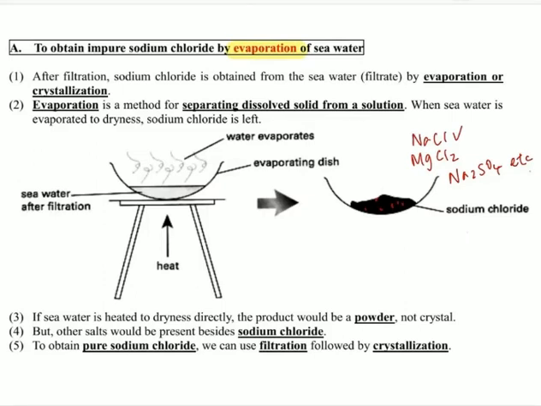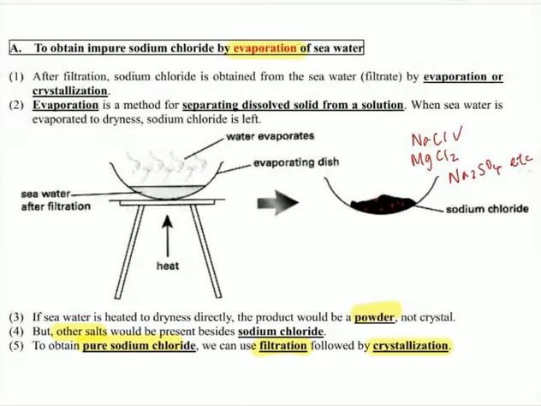A powder will be obtained, and other salts would also be present. So highlight this. If we want to obtain pure sodium chloride, we need to apply another method: filtration, then followed by crystallization.